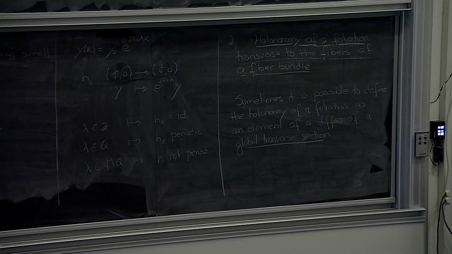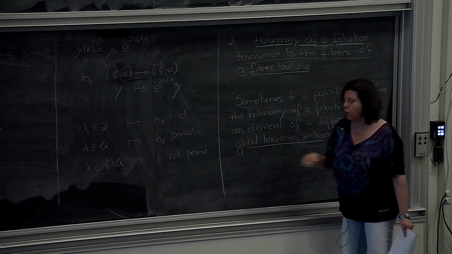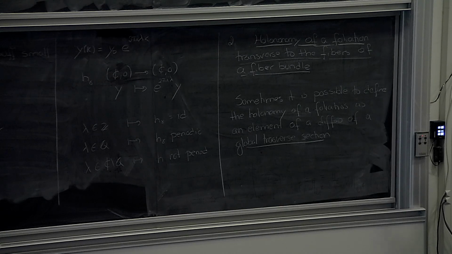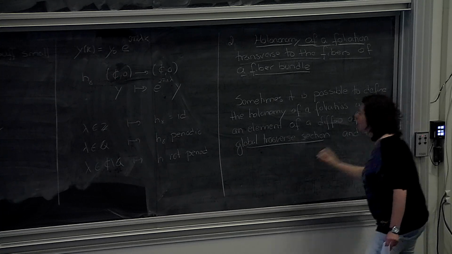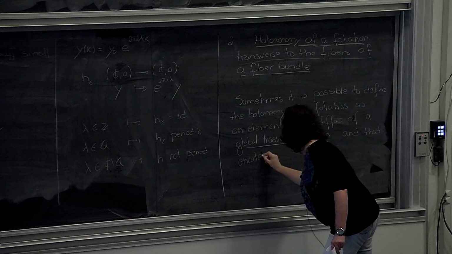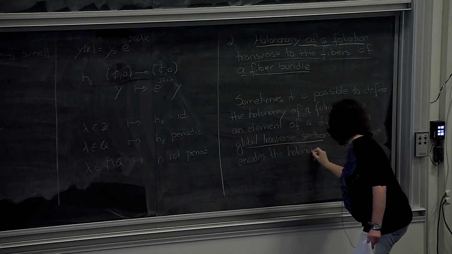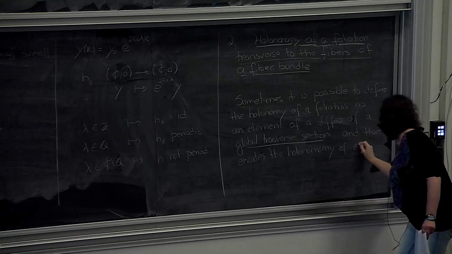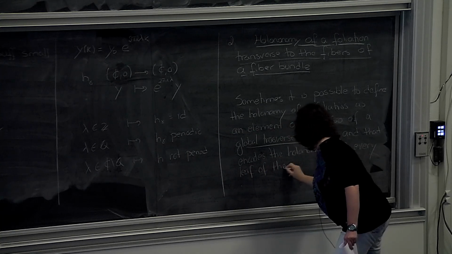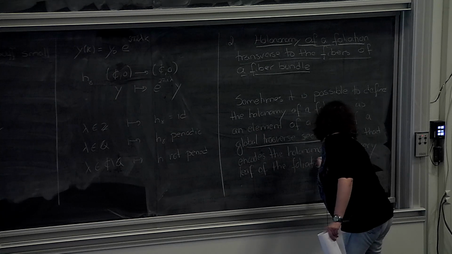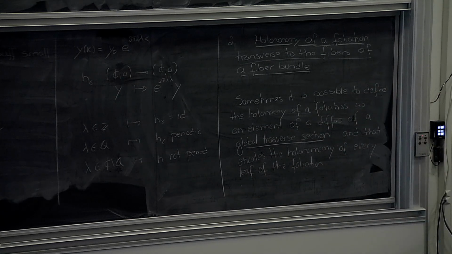And in fact, this global holonomy encodes the holonomy of every leaf of the foliation. So this is the case of these foliations that are transverse to the fibers of a fiber bundle, which I'm going to define.